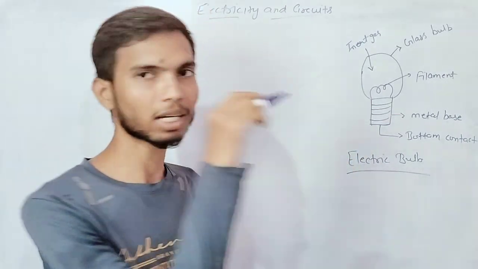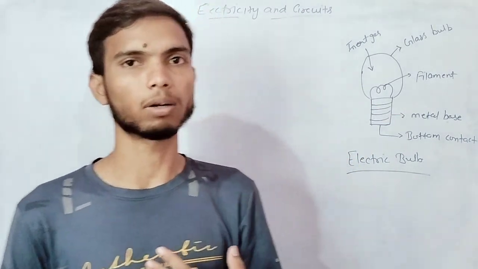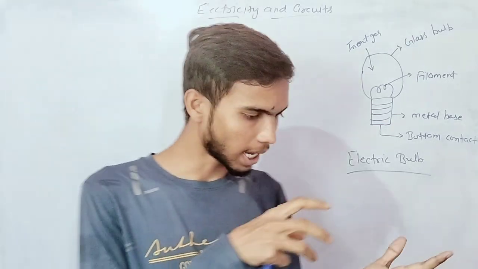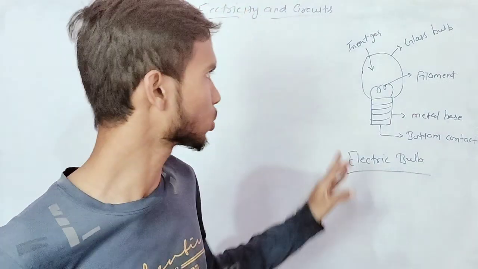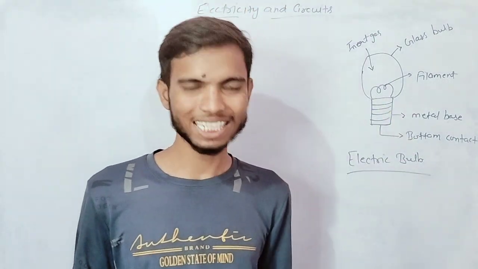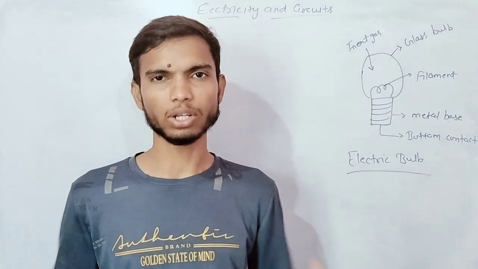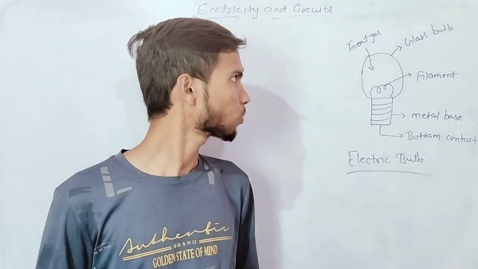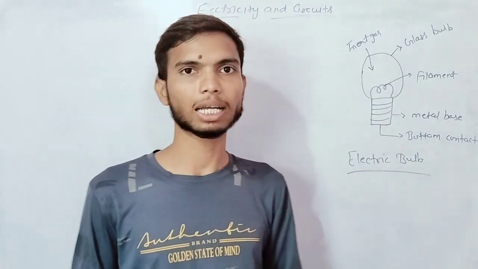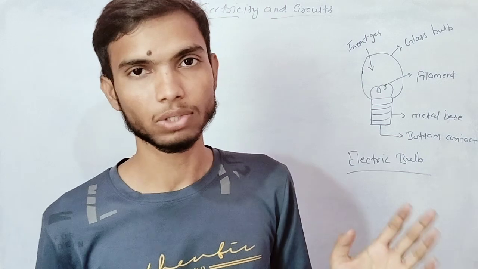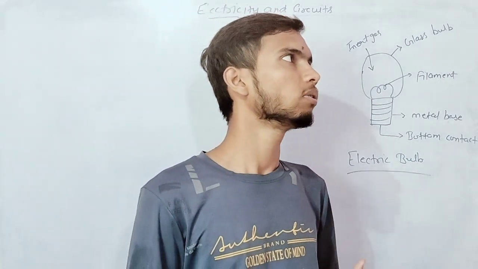Now the filament is just a curved wire, a naked wire, found inside the bulb. Current goes through this filament, and it heats up very high. When current passes through this curved wire, through this filament, it heats very fast.